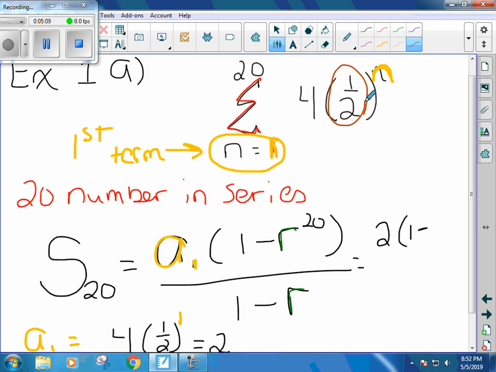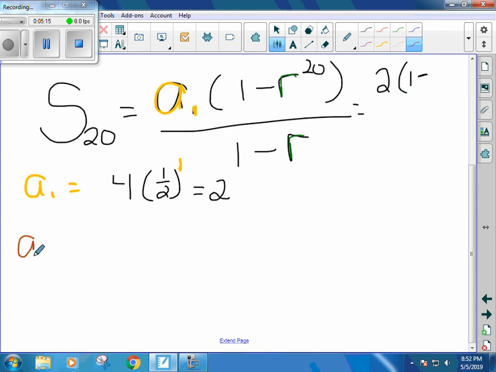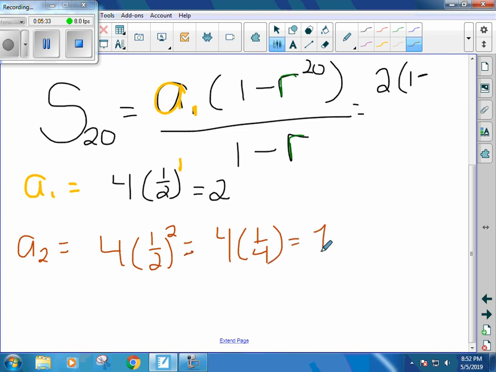Just to show you this mathematically, if I were going to do the second term, a sub 2, I'm going to plug a 2 into the equation. 1/2 squared is 1/4, and 4 times a fourth is equal to 1.